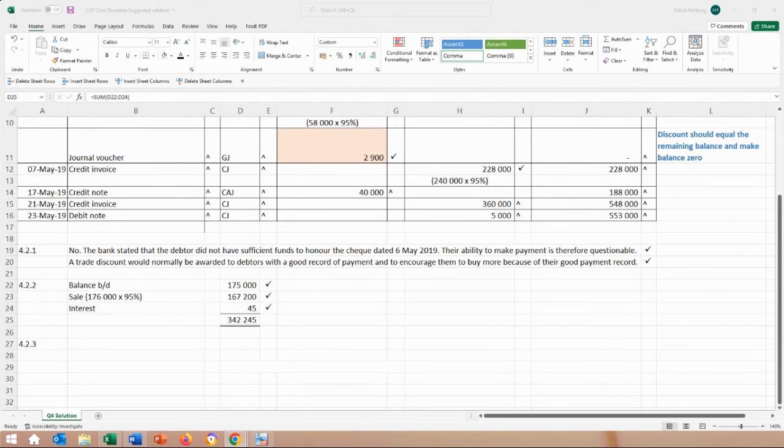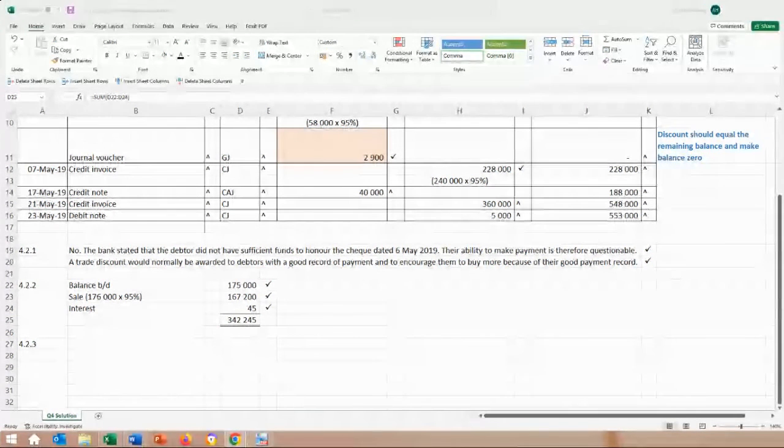Okay, guys, what are the entries that we will have to make to write off any bad debts? You need to know this for your test because they will actually ask you this. What are the journal entries when we need to write off bad debt? Take a stab at it.